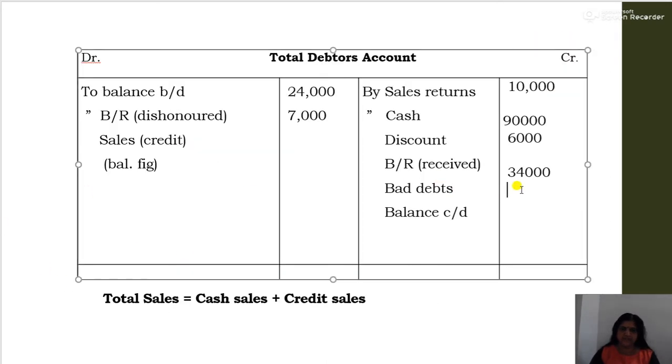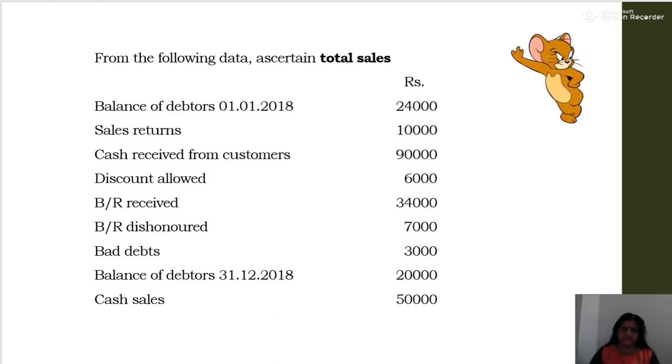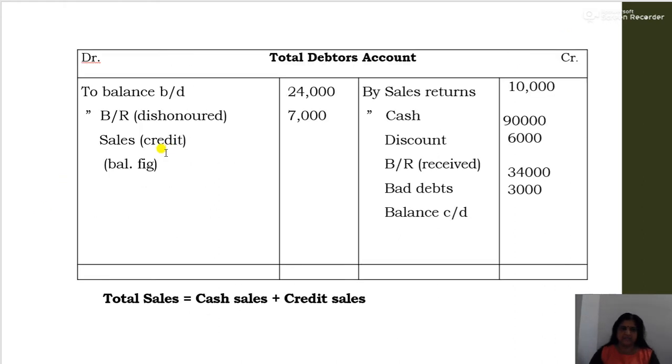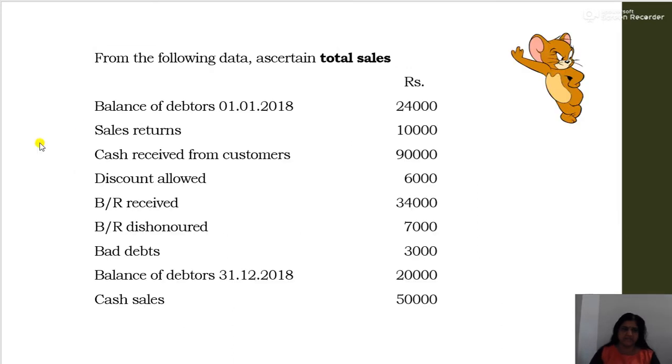So here bad debts is 3,000. Then the balance of debtors, that is the closing balance, 20,000. So by balance carried down, 20,000.